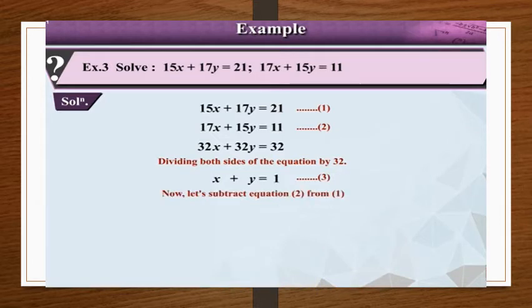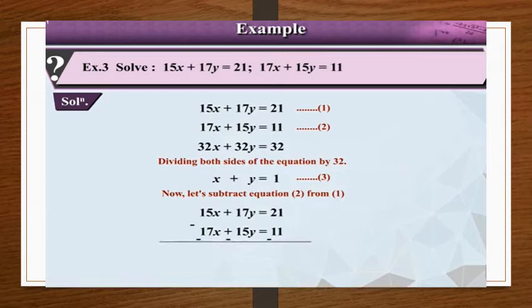Now let's subtract equation 2 from equation 1. 15x plus 17y is equal to 21, minus 17x plus 15y is equal to 11. So now we are doing subtraction, so subtraction signs will come below.